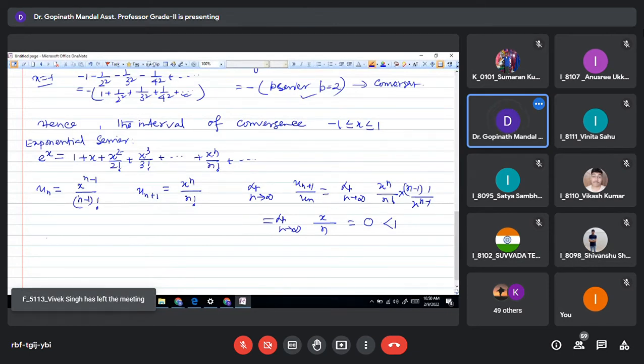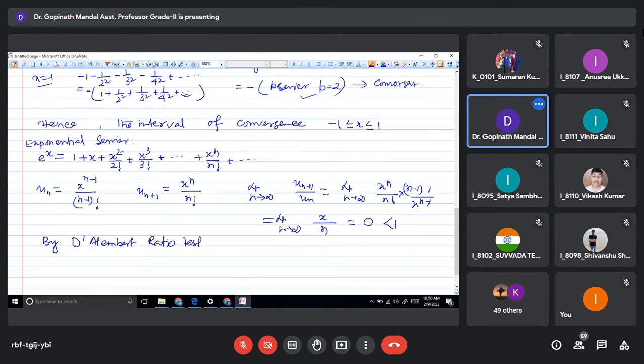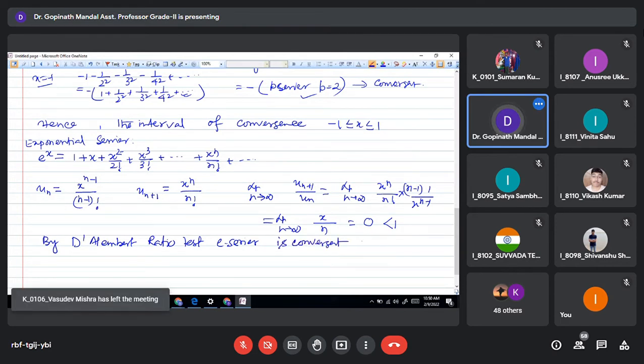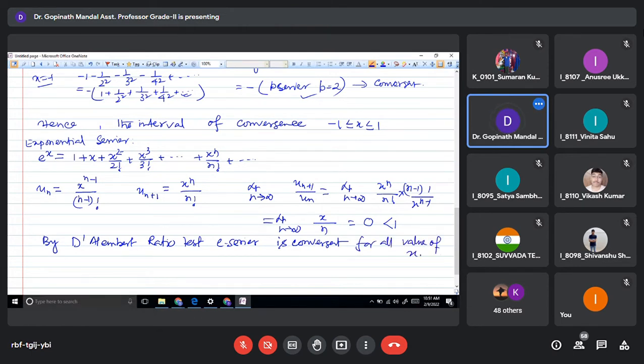So by D'Alembert ratio test, we can say that the exponential series is convergent for all values of x.